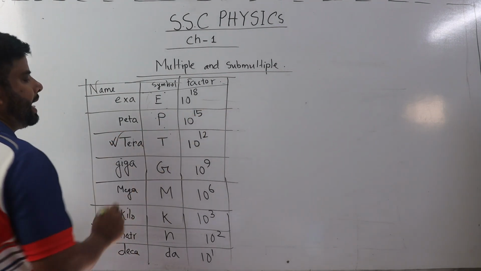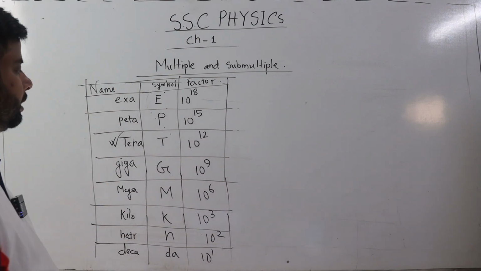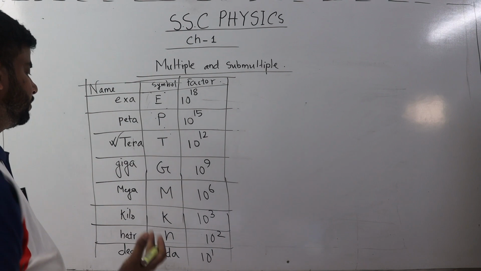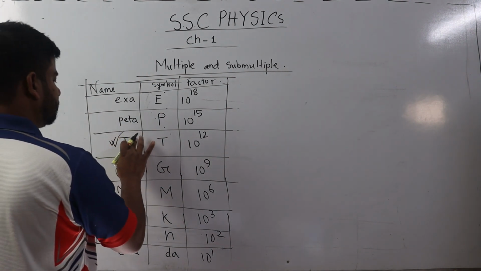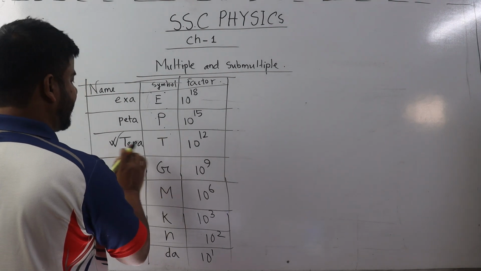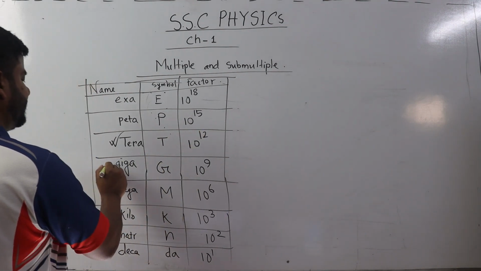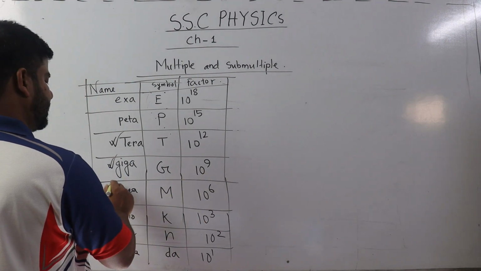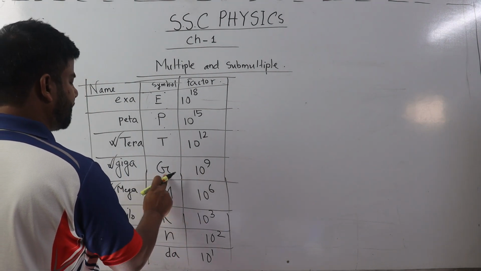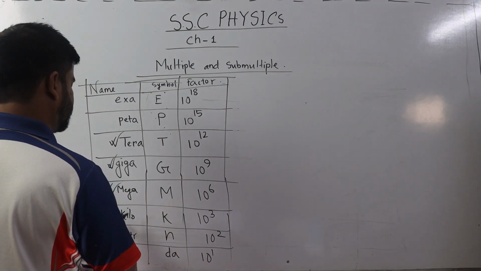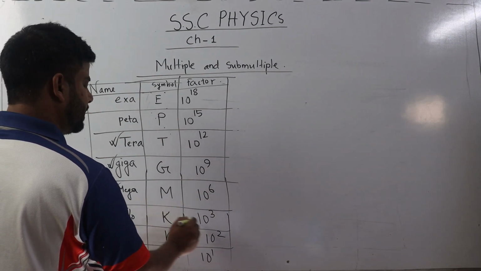Tera: we use terabyte to represent the size of memory. Tera, 10 to the power 12. Giga, capital G, 10 to the power 9. Mega, capital M, 10 to the power 6. Kilo, capital K, 10 to the power 3.